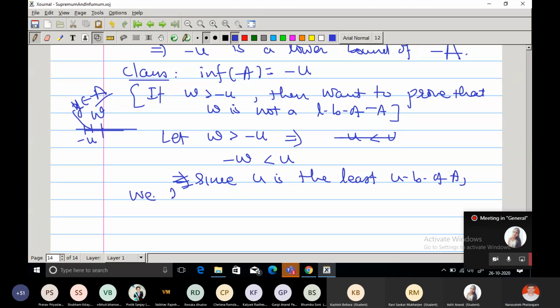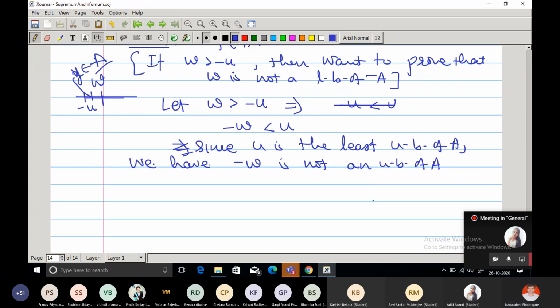We have that whatever this element minus W is, it is not an upper bound of A. Am I right? Yes, sir. Because minus W is smaller than U, so it cannot be an upper bound.